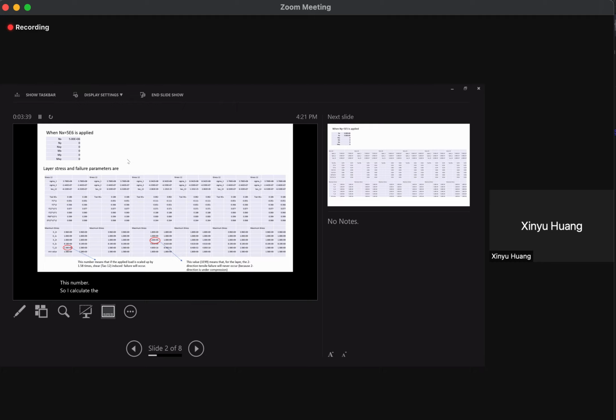This number is a ratio of the material limits to the current stress. So you can interpret it this way. This number 8.19 means I need to scale up the stress in two directions that much more to reach a failure point. So the bigger number means that it's pretty far away from failure.